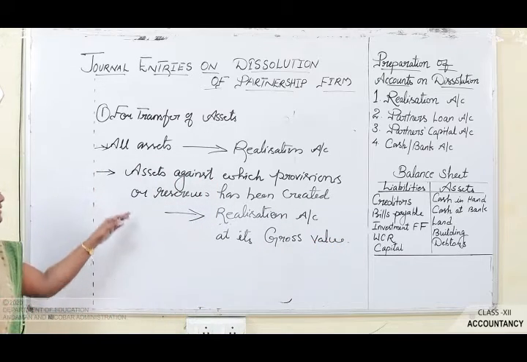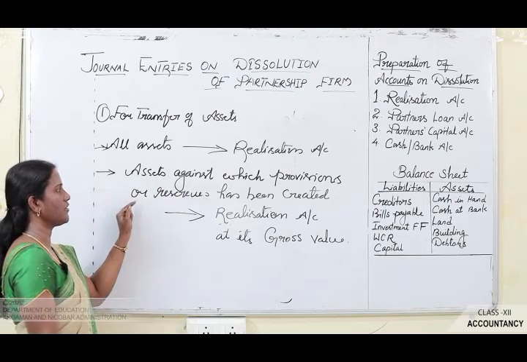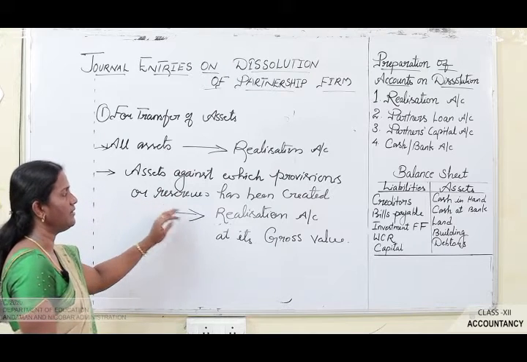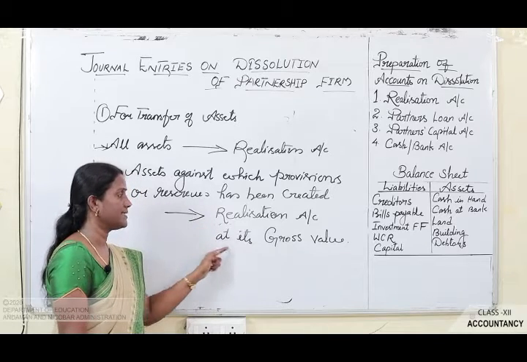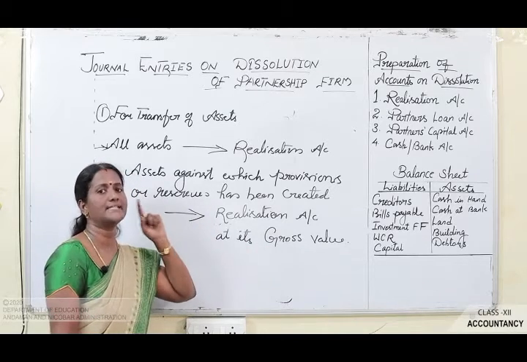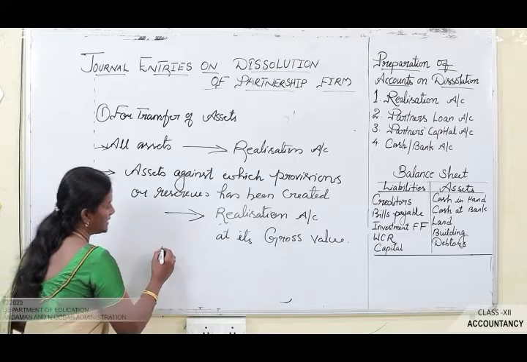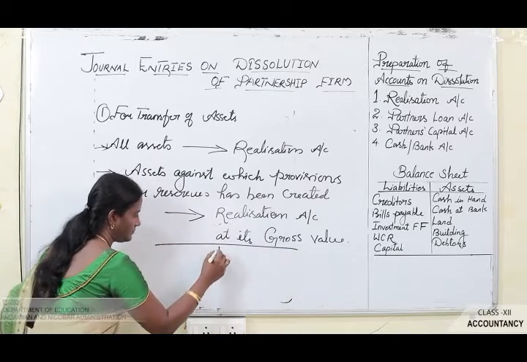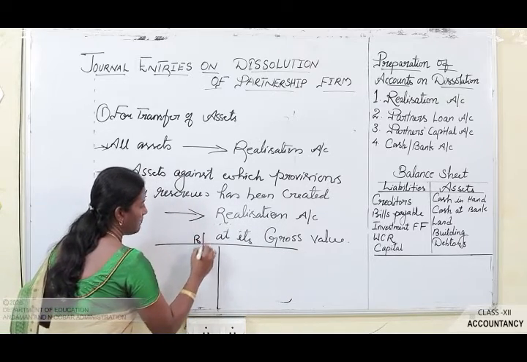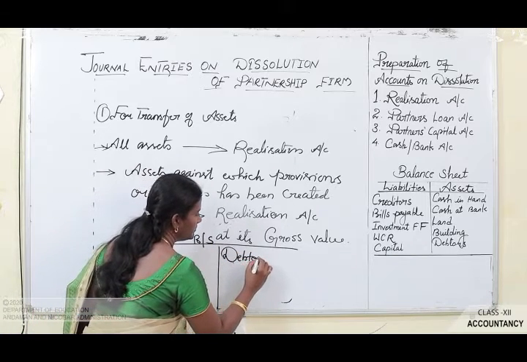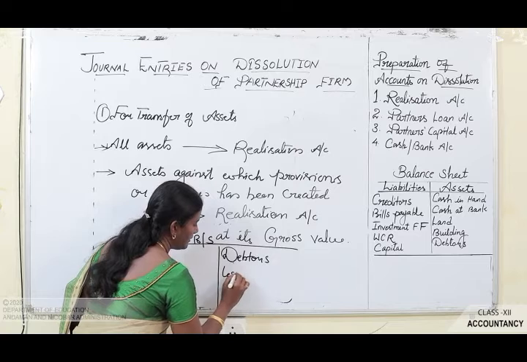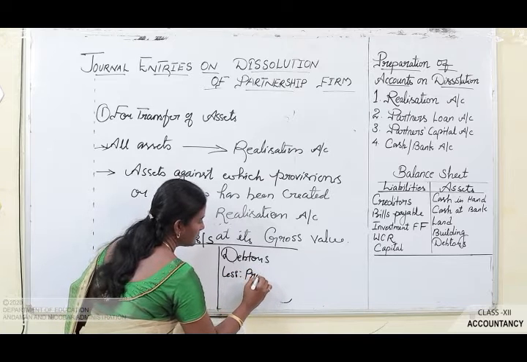So the second point is assets against which provisions or reserves have been created will be transferred to the realization account at their gross value and not at their net value. For example, in the balance sheet, debtors will be given to you less provision.